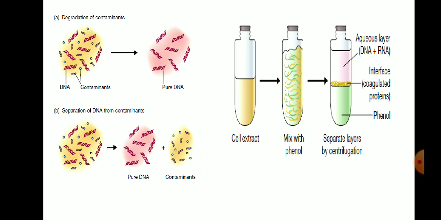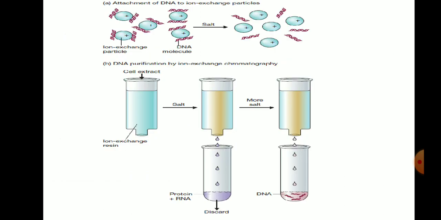Another analytical technique used for isolation is the ion exchange chromatography for the purification of DNA. DNA and RNA are both negatively charged, including some of the proteins. These require positively charged resin for its binding. The separation is based on the concentration of the salt.